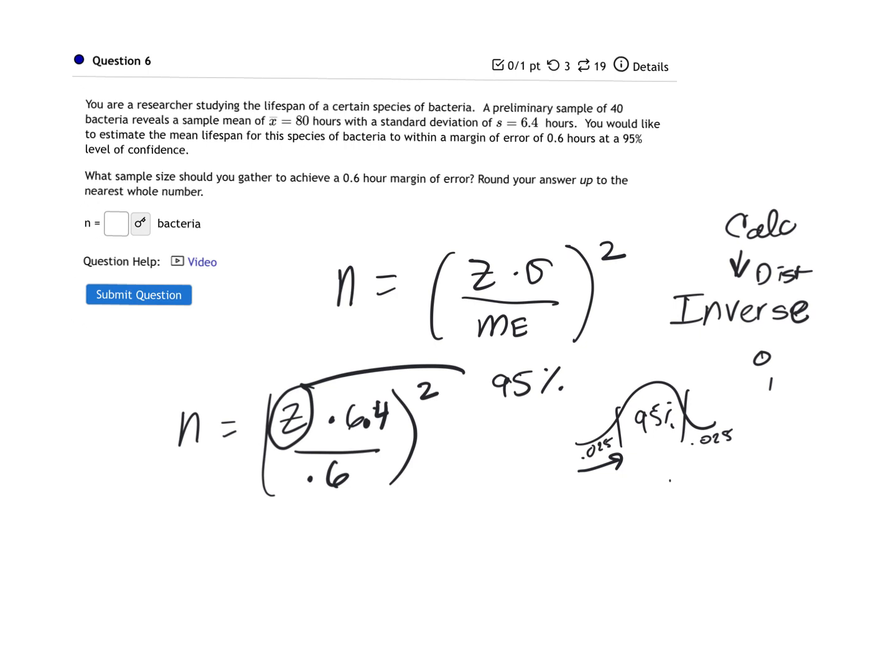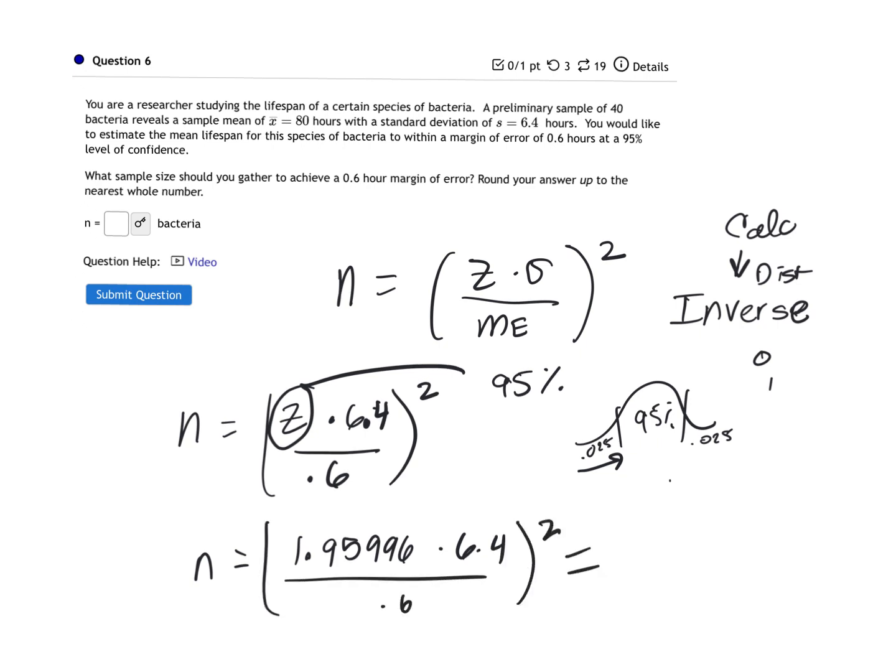So we take n equals 1.95996 times 6.4 divided by 0.6, that whole thing squared. So answer times 6.4 divided by 0.6. That is negative 20. We're squaring that, so it's going to be positive.